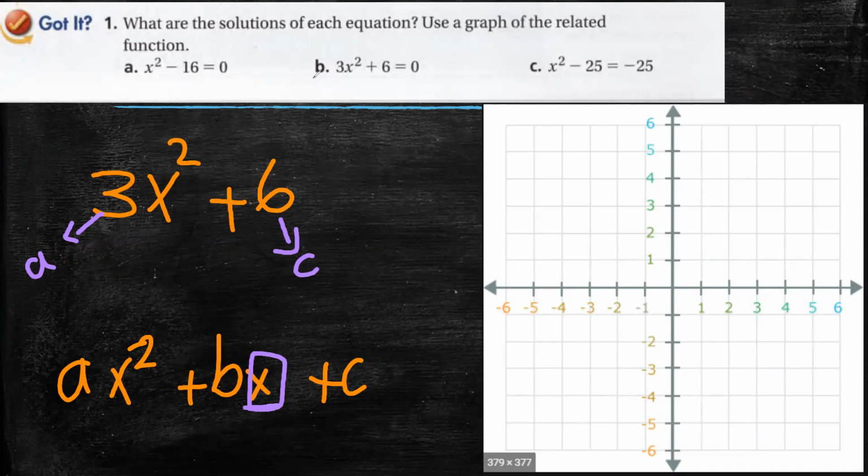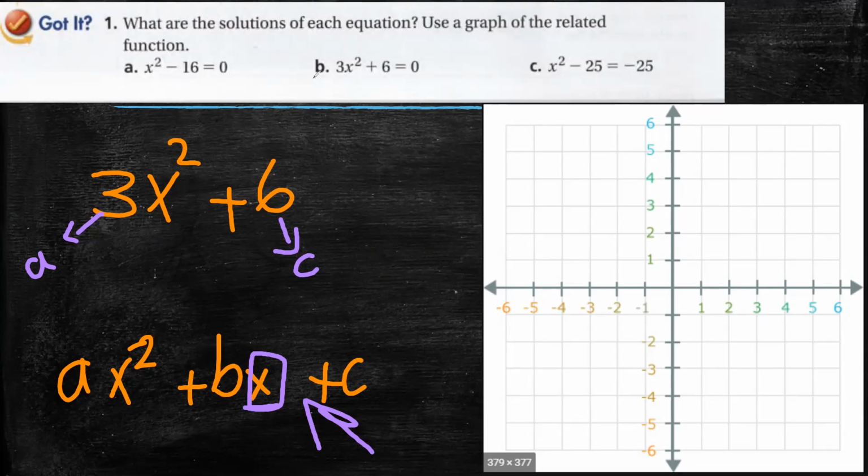Dr. Chen, in this case, how will I graph it? I will choose random points to plot it? For ax squared plus c, the vertex will be 0, c. Yes, 0, 6.